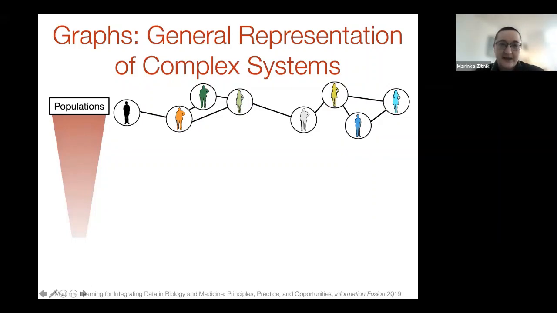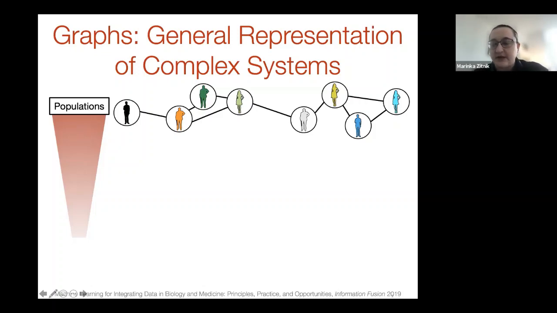So let's begin. The way we think of graphs in machine learning is as a general representation of complex systems. A very important group of complex systems are systems that arise in biology and in medicine.